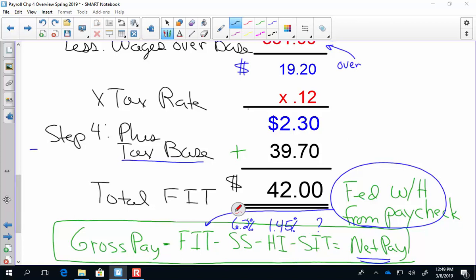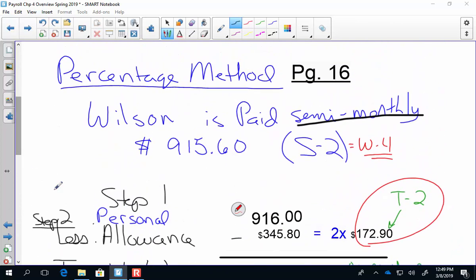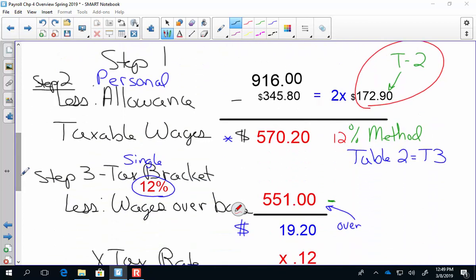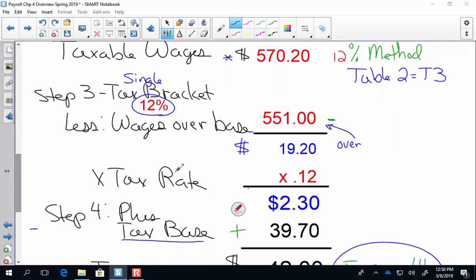So these steps, starting with 1, coming up with this allowance amount, subtracting it in step 2 to get the taxable amount of 570, going to the table in step 3, looking up the 12% in this bracket because that's where this person lies.